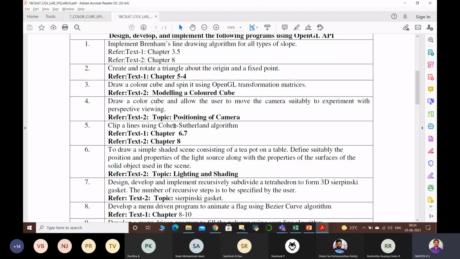Projection is the transformation of a 3D object into a two-dimensional space. We have two types of projection: parallel or orthographic projection, and perspective projection. We have seen a couple of differences between these two projections.